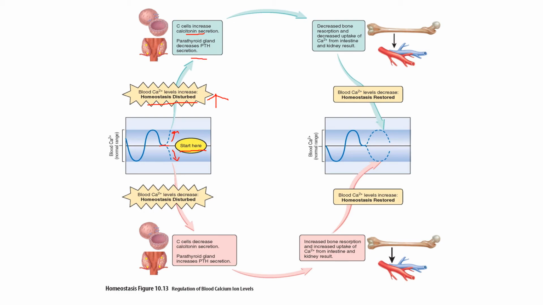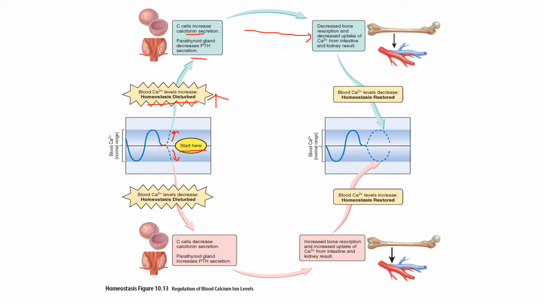So, what happens is that your parafollicular cells increase calcitonin secretion and your parathyroid gland naman decreases the parathyroid hormone secretion. So once a stimulus has been created and has been sent, of course, there's always a response. Okay? So the response would be the effect or the effector organs or tissues found in your body. So sa pagtaas ng calcitonin secretion at sa pagbaba ng parathyroid secretion, ano ang mangyayari?